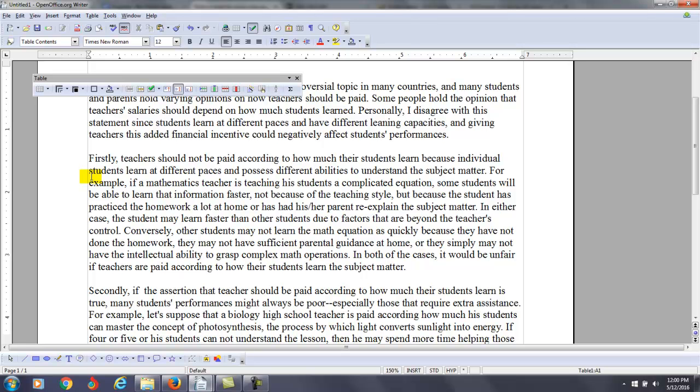In either case, a student may learn faster than other students due to factors that are beyond the teacher's control. Conversely, other students may not learn the math equation as quickly because they have not done the homework, they may not have sufficient parental guidance at home, or they simply may not have the intellectual ability to grasp complex math operations. In both of these cases, it would be unfair if teachers are paid according to how their students learn the subject matter.